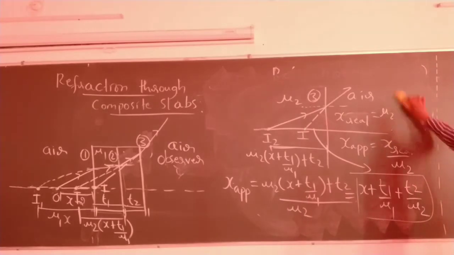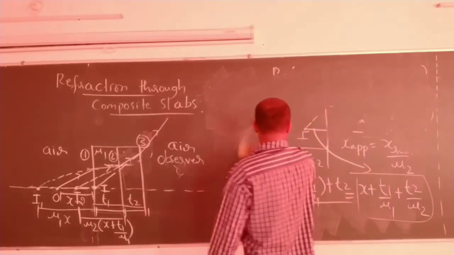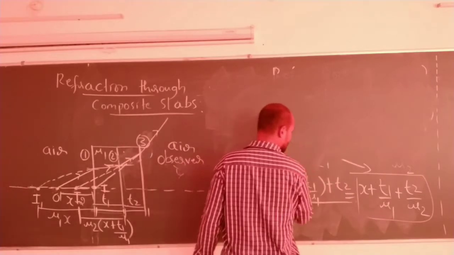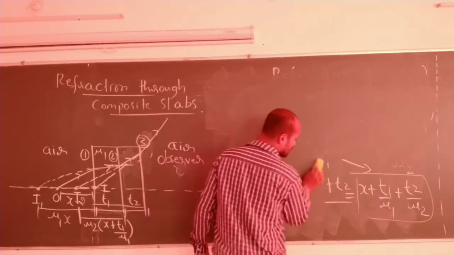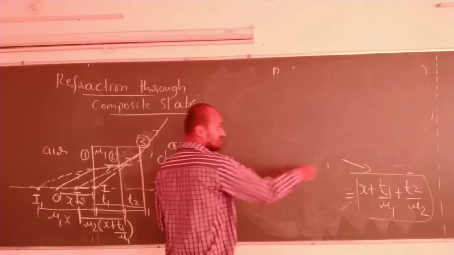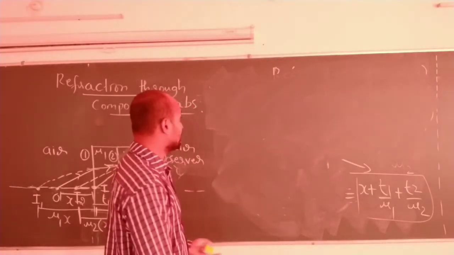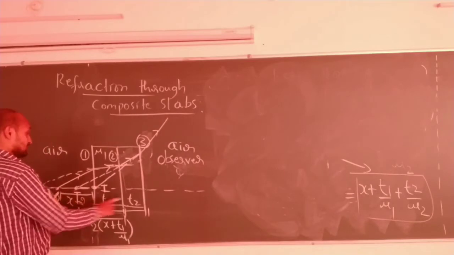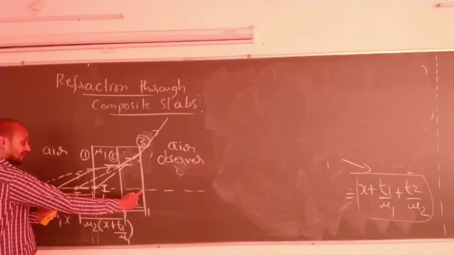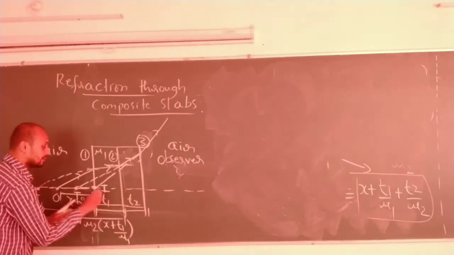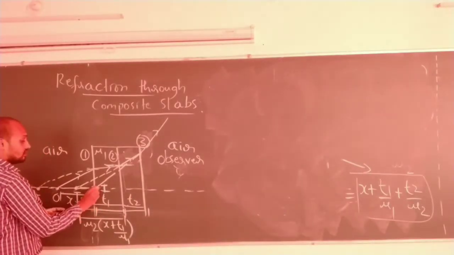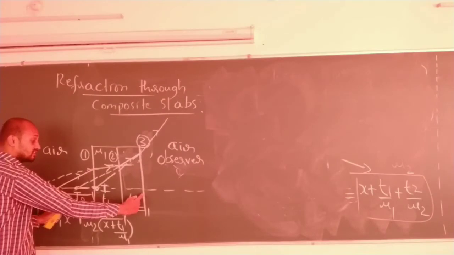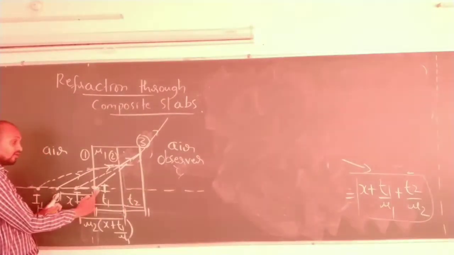Now one thing you can understand: I am going to come to the conclusion from this now. This is the apparent depth. This is the apparent depth. So what is the shift here? The shift which is happening is real depth minus apparent depth. This is point I. This distance minus this distance will give me OI.